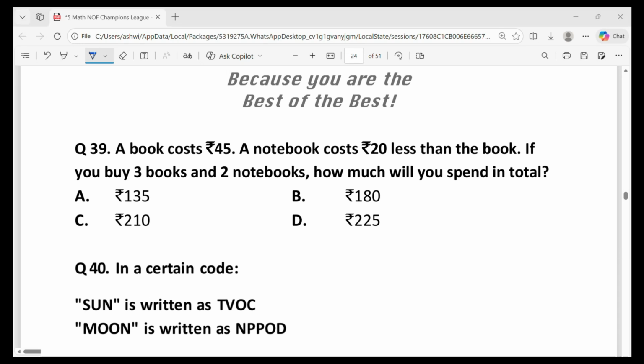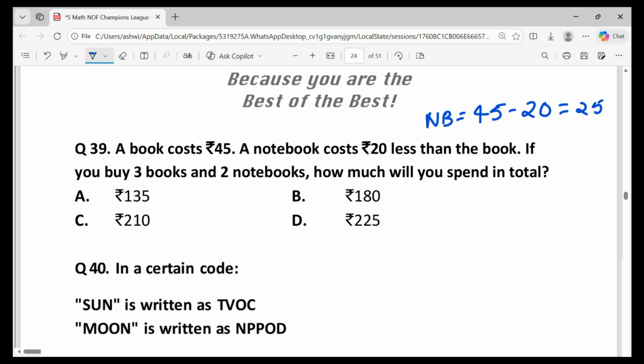Question 39. A book costs rupees 45. A notebook costs 20 less than the book. If you buy 3 books and 2 notebooks, how much will you spend in total? The cost of the notebook is 20 less than the cost of the book, which is 45. So the notebook cost is equal to 45 minus 20, that is equal to 25.